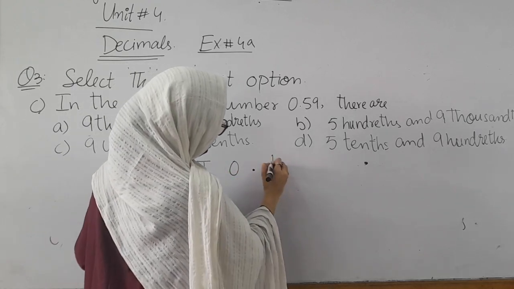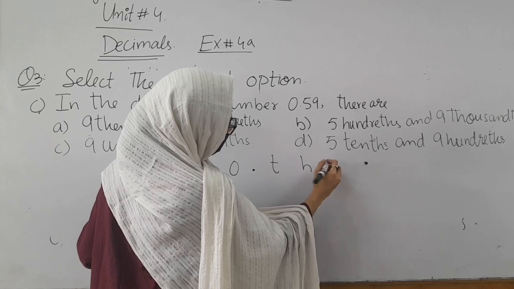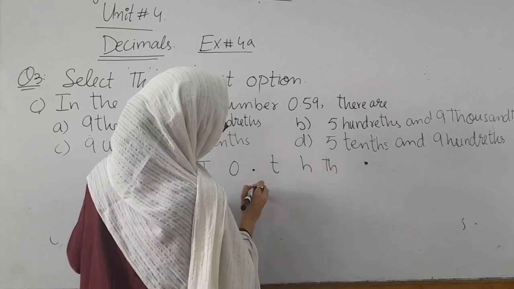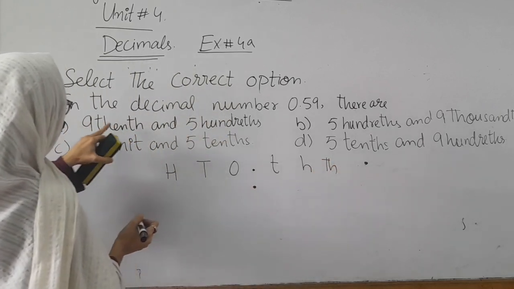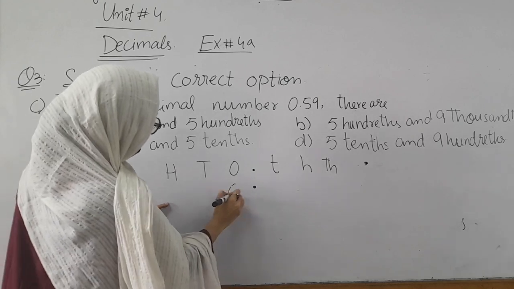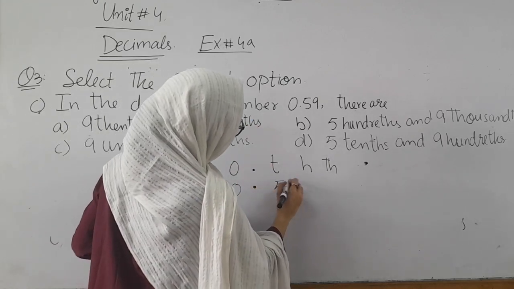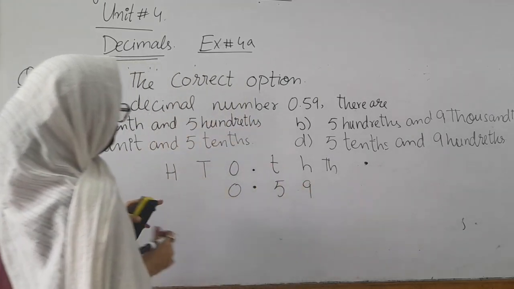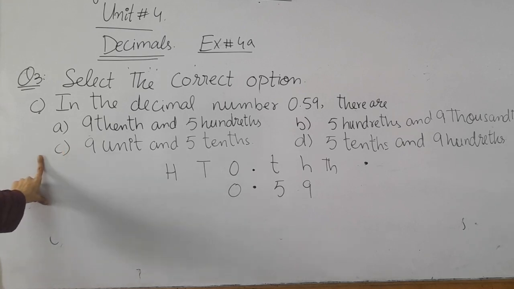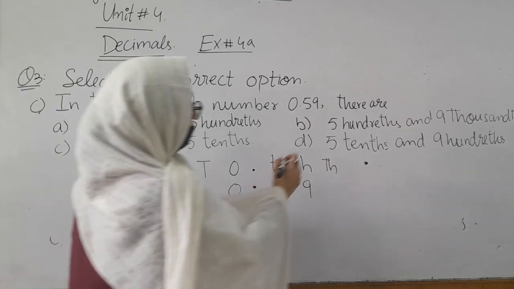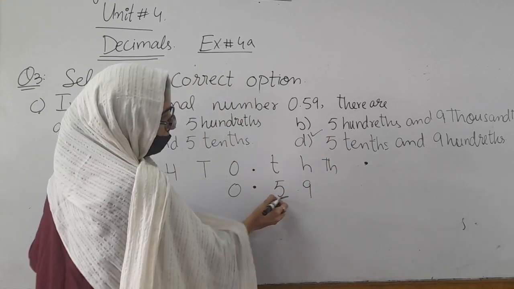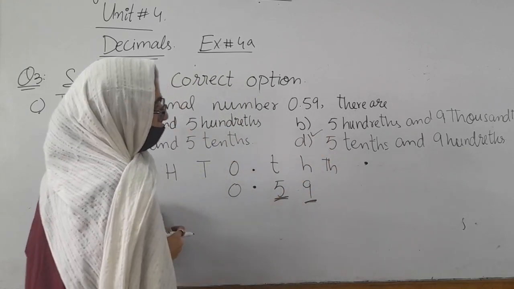After the point we have tenths, hundredths and thousandths. Before the point we have 0 and after the point we have 5 and 9. So, 5 tens and 9 hundreds is the right answer.